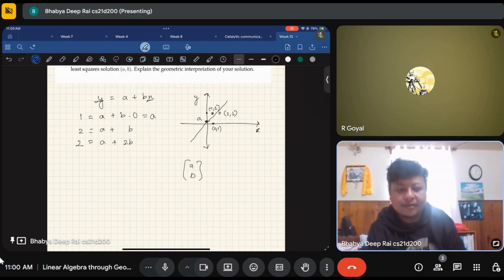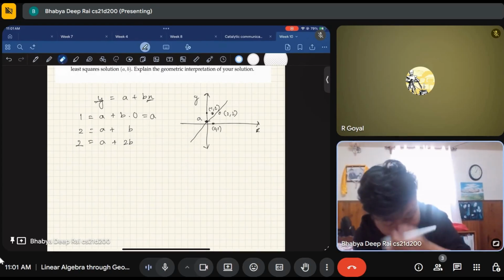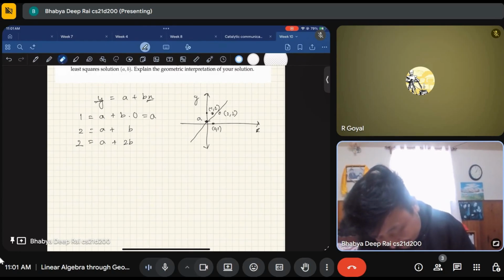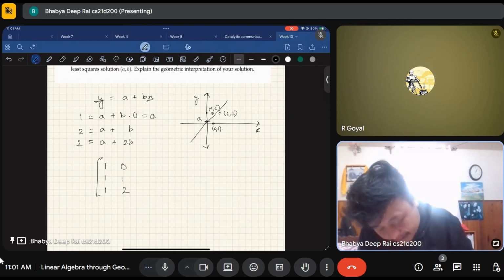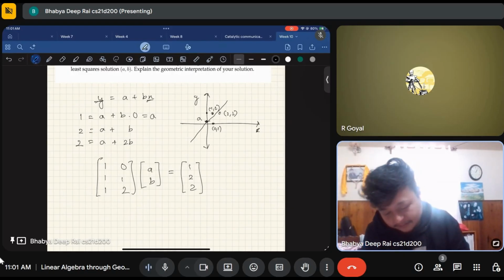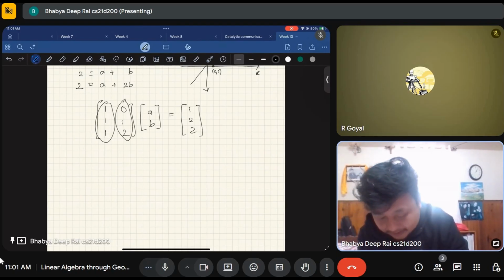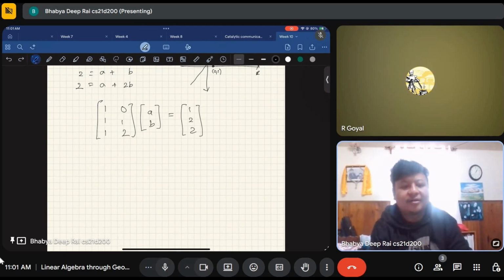So what we can do is take this to represent A, in the sense that I can write it as the matrix 1 1 1, 0 1 2, times a b, equal to 1 2 2, because when I multiply, this entire thing will get multiplied with the a plus b component.